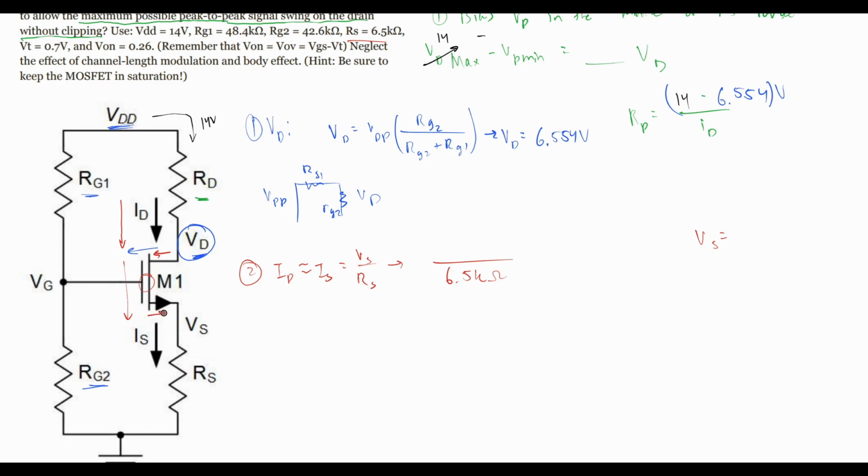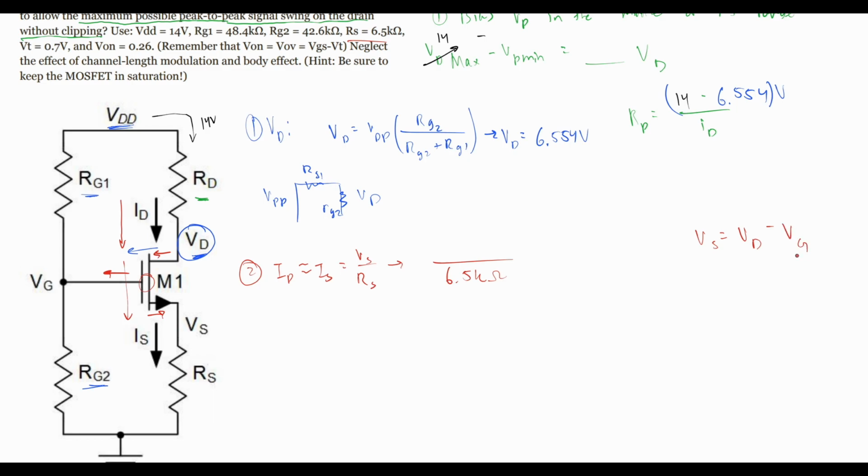We know our VS is going out. So if we were to switch it to the other side, it would be like a minus. Our VGS is also going out, right? So we have our voltage source, the VS, or the VD. So VD is going in, so that's a plus. And then we are going to have minus our VG.